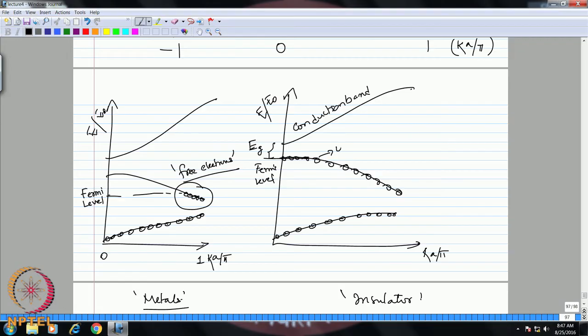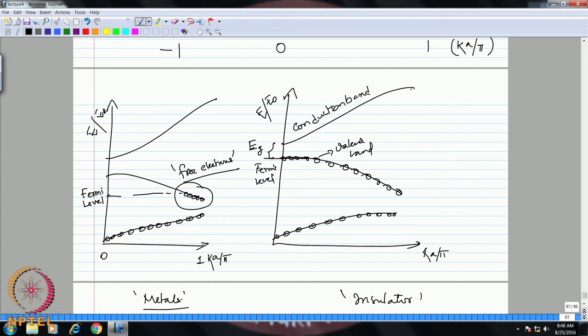Then this becomes your conduction band, and the band below the Fermi level becomes the valence band. That means the valence band is completely filled and the conduction band is totally empty, devoid of any electrons. Therefore, there are no free electrons. This band gap is too much.